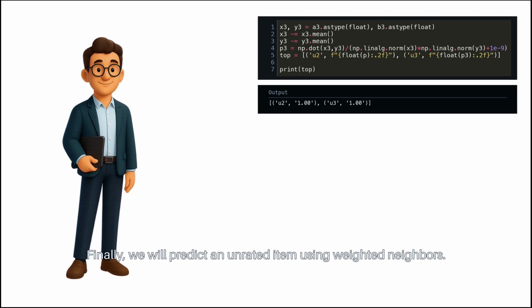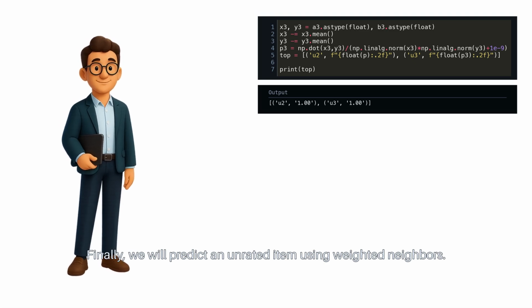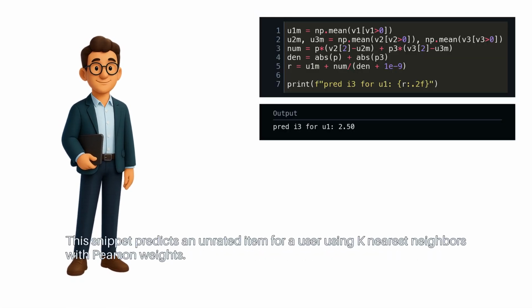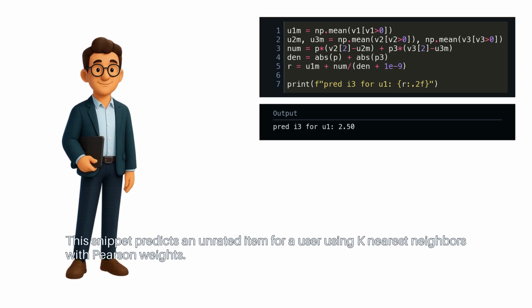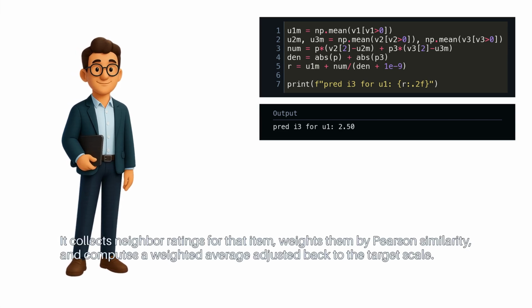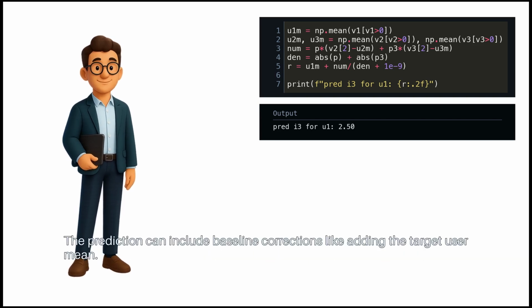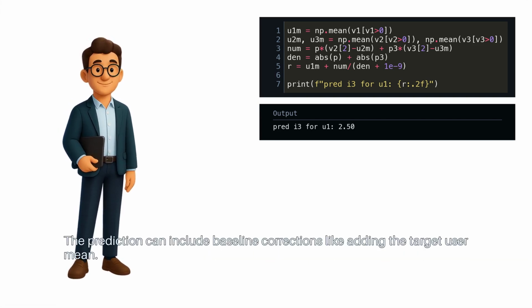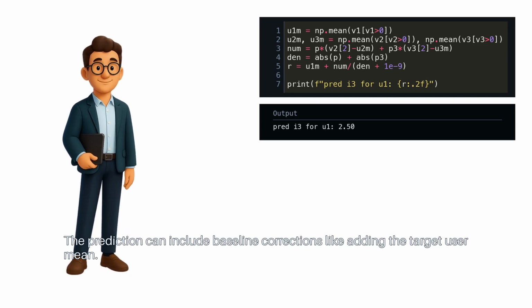Finally, we will predict an unrated item using weighted neighbors. This snippet predicts an unrated item for a user using k-nearest neighbors with Pearson weights. It collects neighbor ratings for that item, weights them by Pearson similarity, and computes a weighted average adjusted back to the target scale. The prediction can include baseline corrections like adding the target user mean.